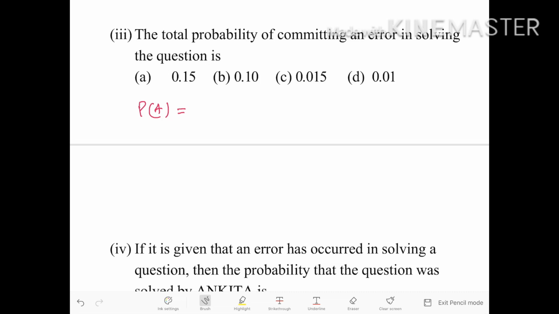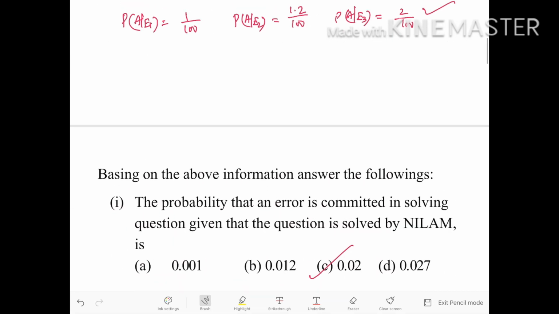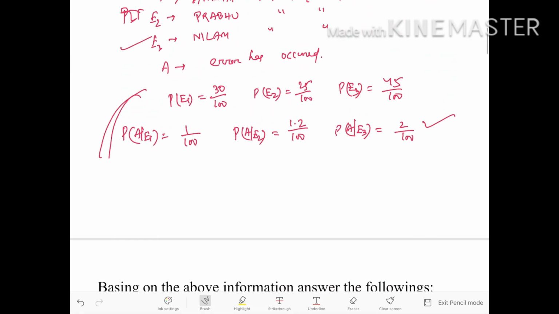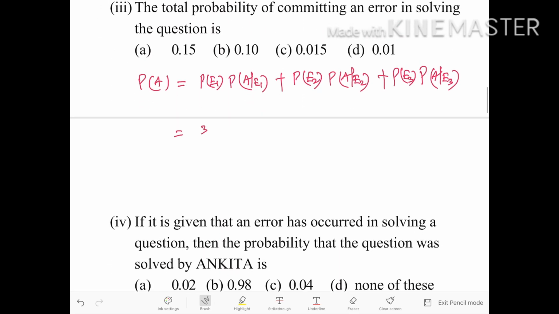We have taken the event error occurred as A. That means we have to find the probability of A. And we know from the theorem of total probability, it is nothing but the probability of E1 into the probability of A given E1, plus the probability of E2 into the probability of A given E2, plus the probability of E3 into the probability of A given E3. Everything is given here, just put in the values and get the answer. So the probability of E1 is given as 30 by 100, into 1 by 100.